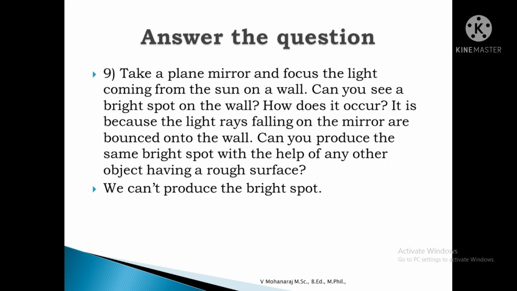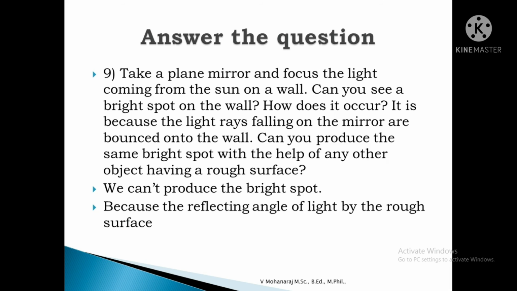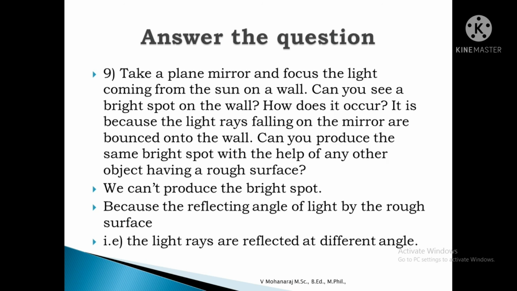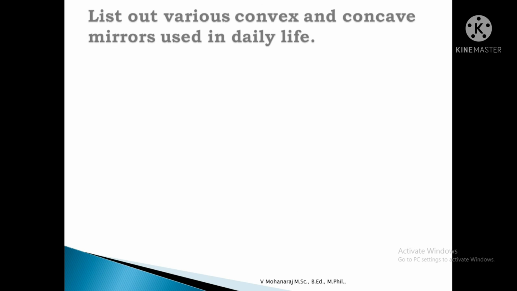So the answer is we can't produce the bright spot by using a rough surface, because the light rays are reflected at different angles by the rough surface, so we can't get the bright spot.